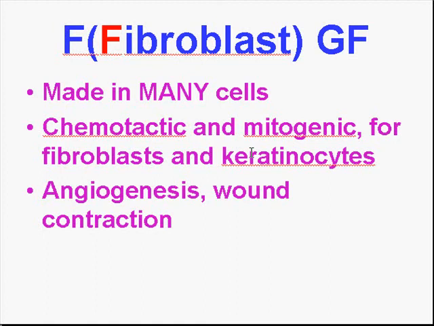But as you might guess, there are some non-connective tissue cells called keratinocytes, which it also has an effect on. And like VEGF, FGF and VEGF are the key players in wound contraction and angiogenesis.